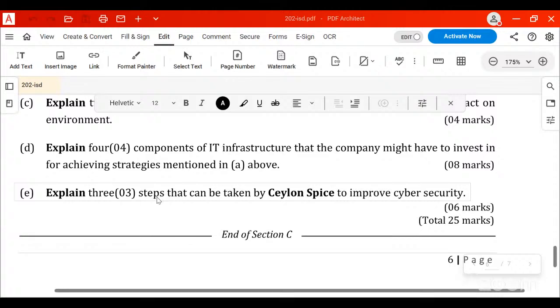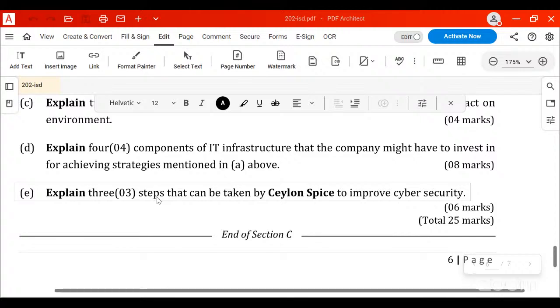Right, IT strategies for efficient warehouse management. One possible strategy for Ceylon Spices is to implement a warehouse management system. A warehouse management system can streamline inventory tracking, automate stock replenishment, and optimize warehouse space using tools like barcode scanners and RFID.